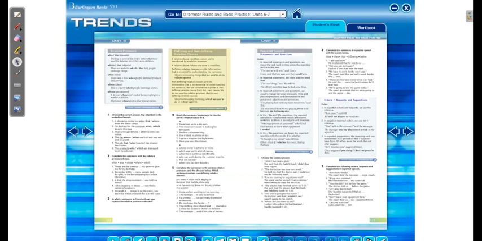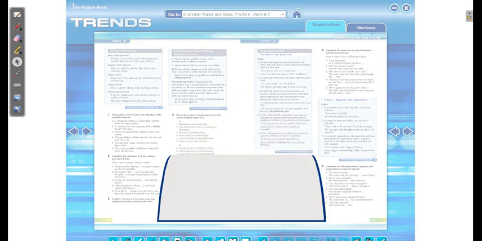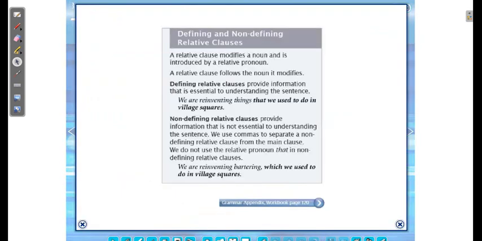Let's check now for defining and non-defining relative clauses. There are 2 types of relative clauses, defining and non-defining. Defining relative clauses provide information that is essential, imprescindible la información. It is essential to understand the sentence. For example, we are reinventing things that we used to do in the village squares. Yes?